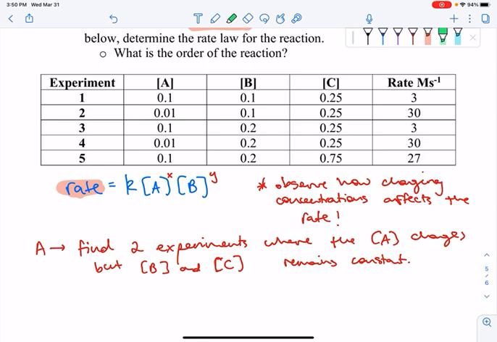Okay, so I'm going to highlight reaction 1. And then let's find another reaction where the concentration of A changes, but everything else remains the same. So here, let's do experiment 2. Notice how for A, the concentration decreases, but everything else stays the same.